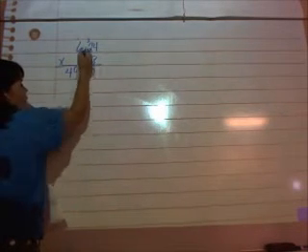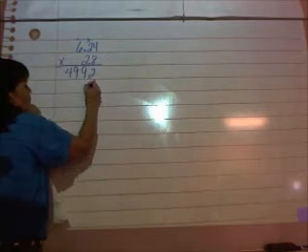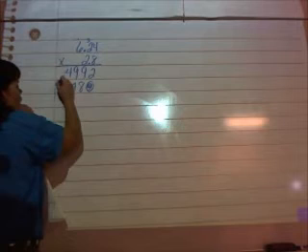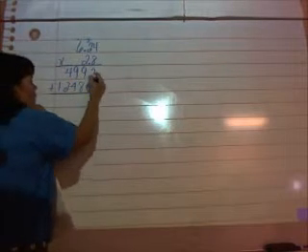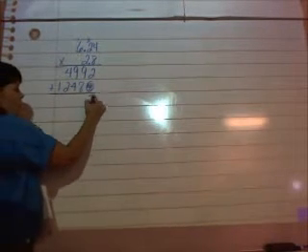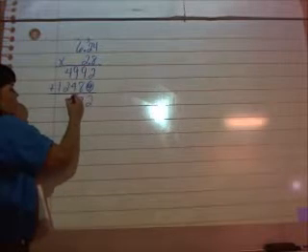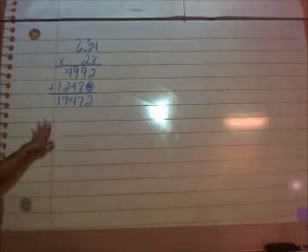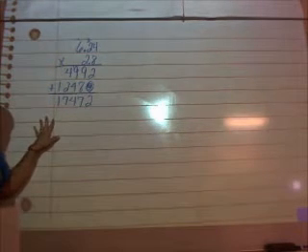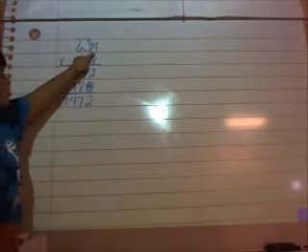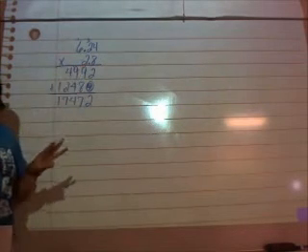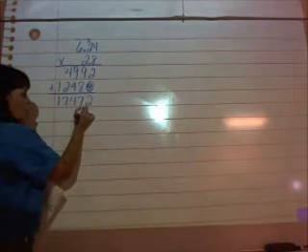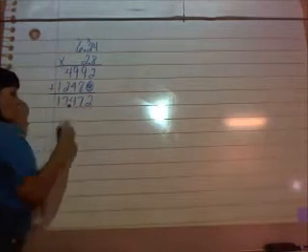Now I'm going to put my placeholding 0 down here. 8, 4, and 12. So again, I have the same numbers, so I'm going to add. Now, let's find out where your decimal goes. How many do you think? Well, we have 2 numbers, 3. So we need 3 digits behind your decimal. So 1, 2, 3. And that's where your decimal goes.